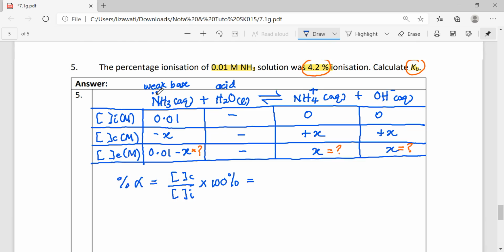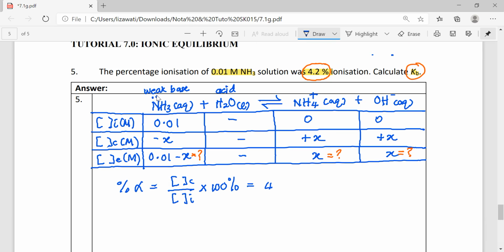Given to you, the degree of dissociation is 4.2. The change in concentration is x, that's what we want to find out. Initial here is 0.01. So we can find the value of x, that is 4.2 times 10 power of negative 4.